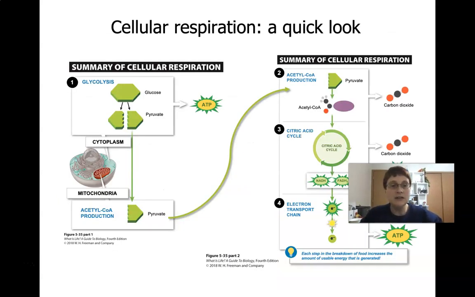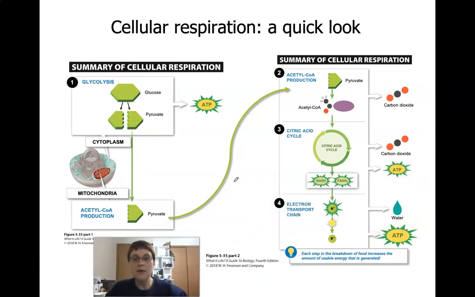So here is cellular respiration just summed up. So you can see we've got glycolysis happening in the cytoplasm. Then we're going to move pyruvate into the mitochondria. We're going to convert that into our acetyl-CoA. We're going to make some carbon dioxide. We made some ATP over here.